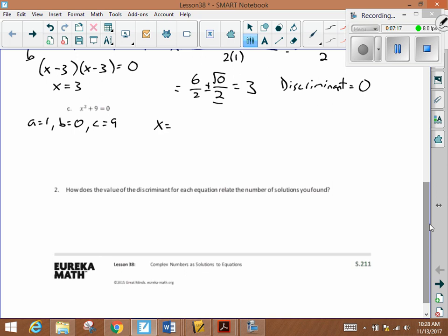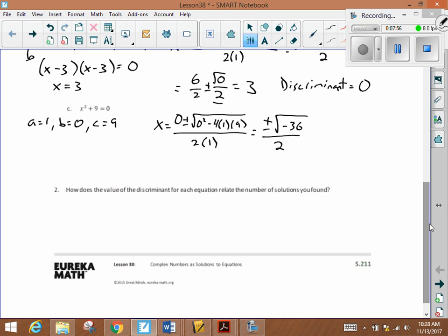Negative b, or the opposite of b, which is just 0, plus or minus the square root of b squared, which is 0 squared, minus 4 times 1 times 9, all divided by 2 times 1. That 0 is going to go away. I'm going to wind up with plus or minus the square root of negative 36, all divided by 2.